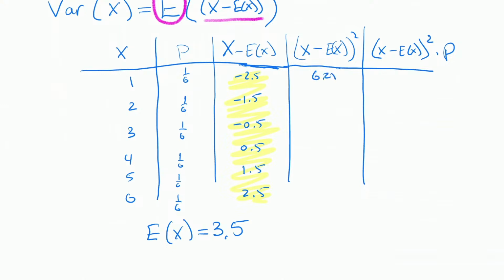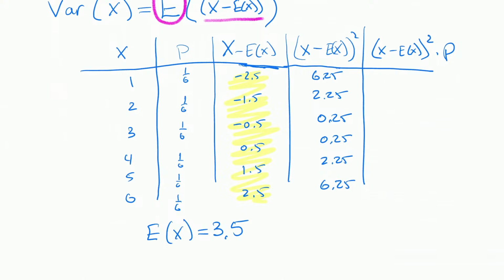So 6.25, 2.25, 0.25, 0.25, 2.25, 6.25. The benefit here is that when you square these, you end up making everything positive. Basically we're going to be adding these up and dividing by 6, but because we're probabilists, we're going to multiply by the probability and then add.